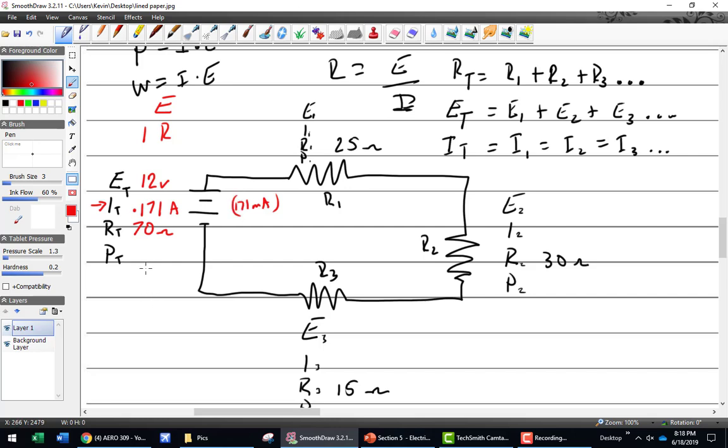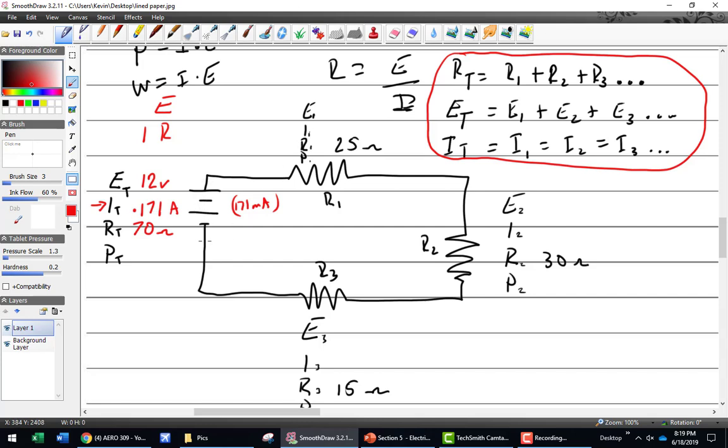Well, look at that. Now, if I know that, can I solve anything over here? Well, I want you to remember this up here, even though my screen is getting a little crowded. I total equals what? Which means that whatever it is here, that current only has one path to flow.